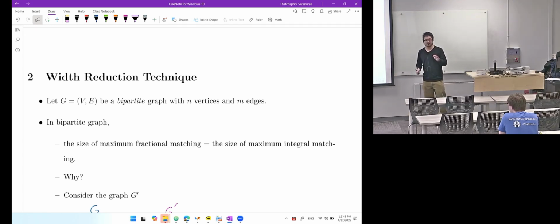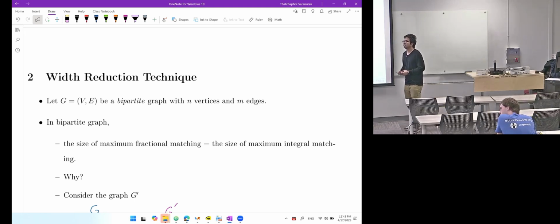You can generalize this graph to a max flow min cut with a source and a sink, which we already learned. The best fractional solution to that is as good as the best integral matching. Very good.